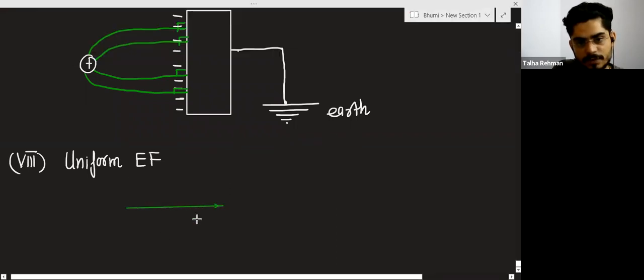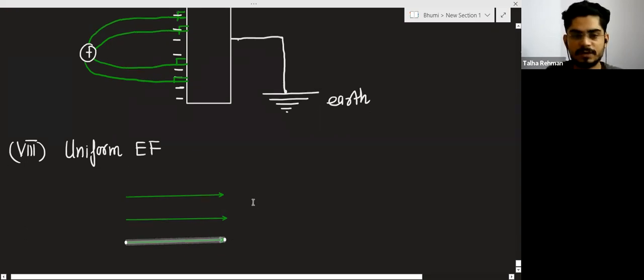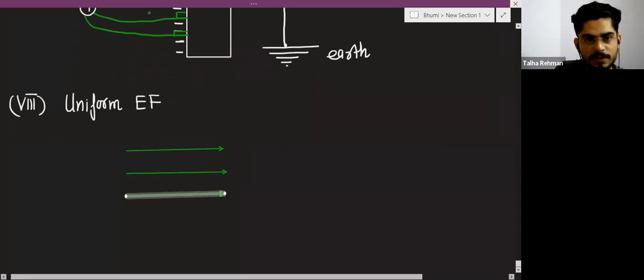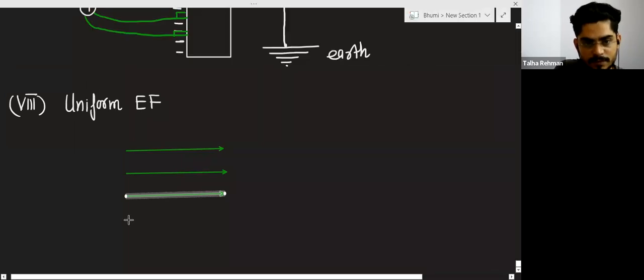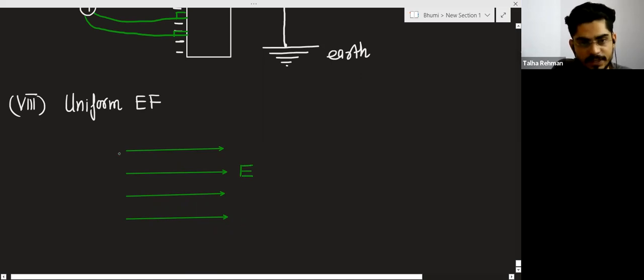So in this way you can draw this type of field lines, which represent the uniform electric field, because the distance between the lines is the same, and the length of this line is also the same.